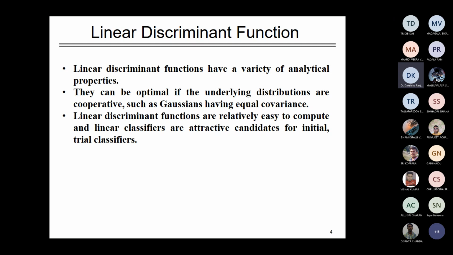When we have a number of Gaussian functions, for all of them we can have the equal covariance. That we have seen in the case of Gaussian mixture models or other Gaussian functions that we have considered. Linear discriminant functions are relatively easy to compute, and linear classifiers are attractive candidates for initial and trial classifiers. These are some of the analytical properties of linear discriminant functions.